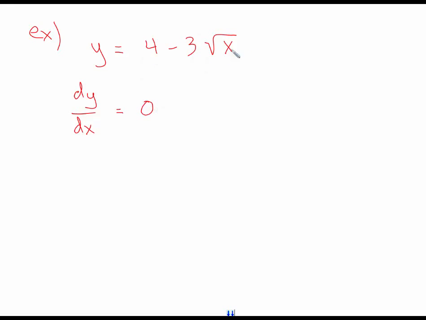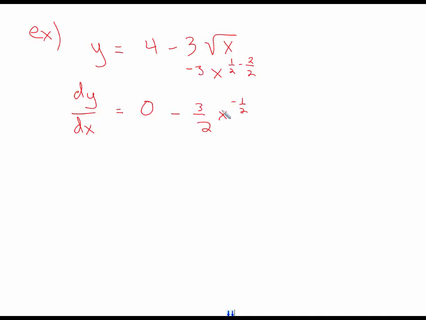Over here, let's change this. If we had converted this to negative 3x to the 1/2, we would end up with 1/2 times negative 3. That will give us negative 3 over 2x. Now 1/2 minus 1, right? If you minus 1, that's the same thing as subtracting 2 over 2. So that will leave you with negative 1/2.